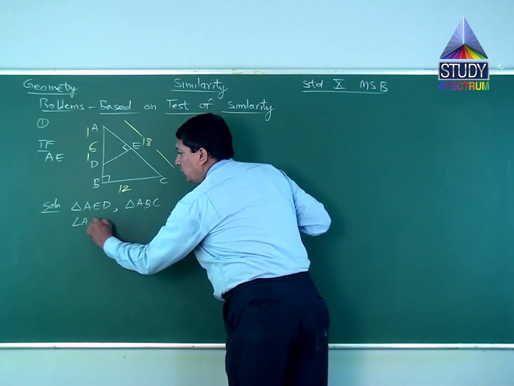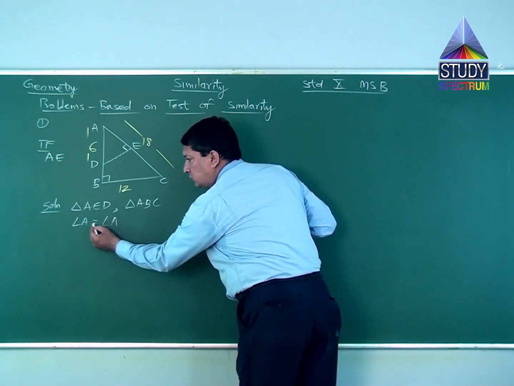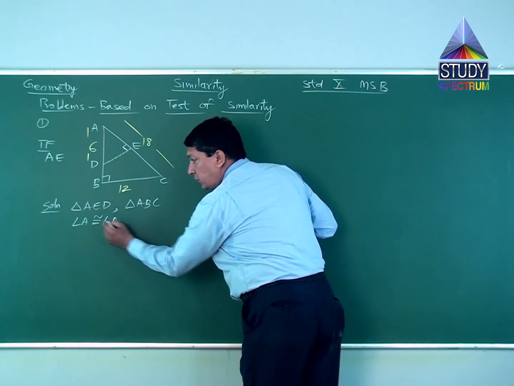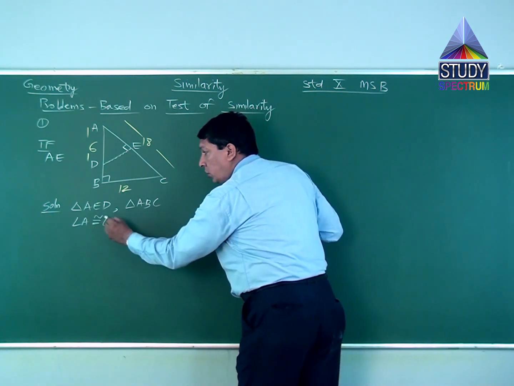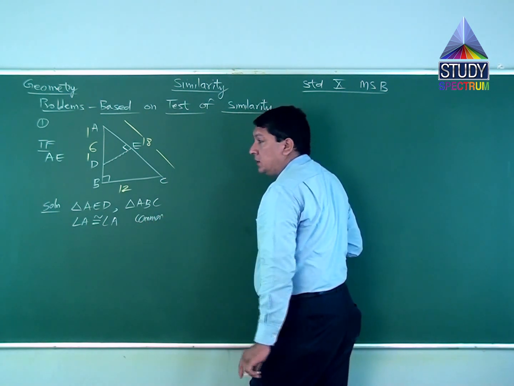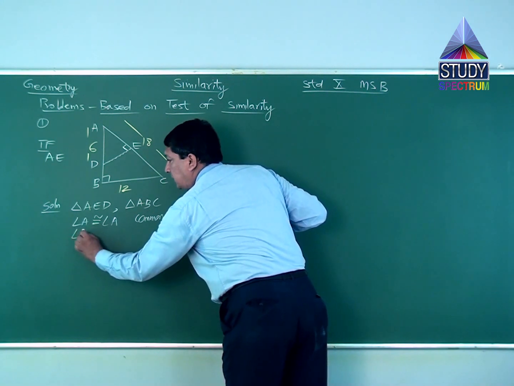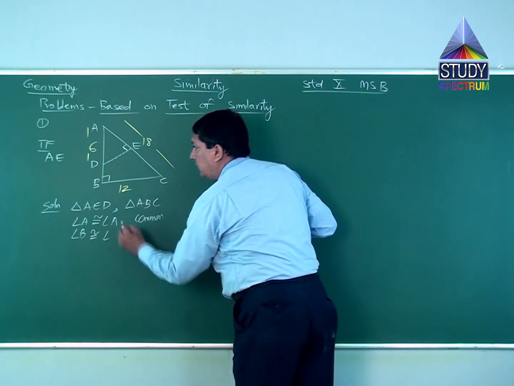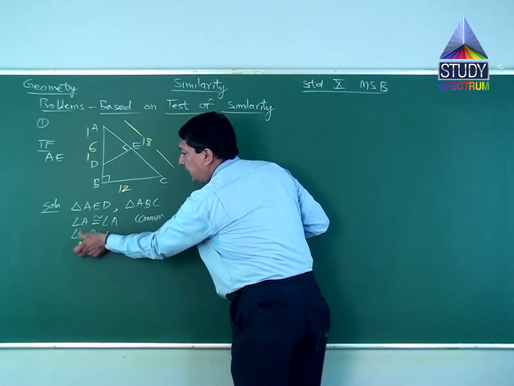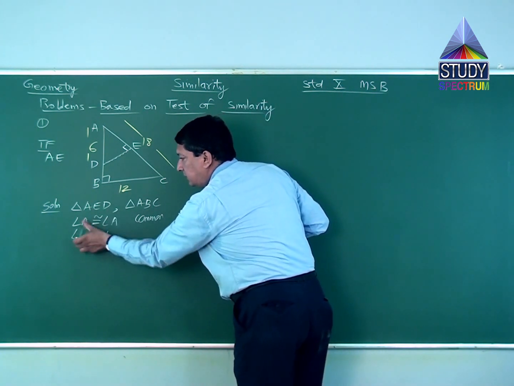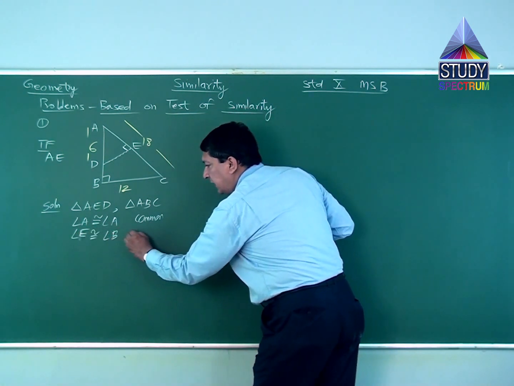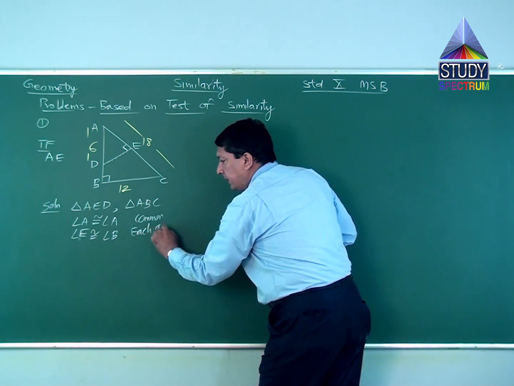Angle A is equal to angle A. Whether you write the equals sign or the congruency sign, both mean the same for angles. So either you can use the equals sign or the congruency sign. Reason is common angle. Then angle E is congruent to angle B, each 90 degrees, both the angles are 90 degrees.